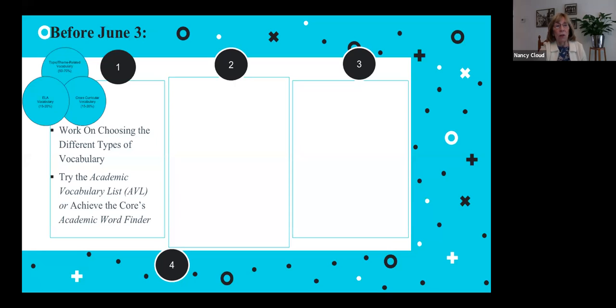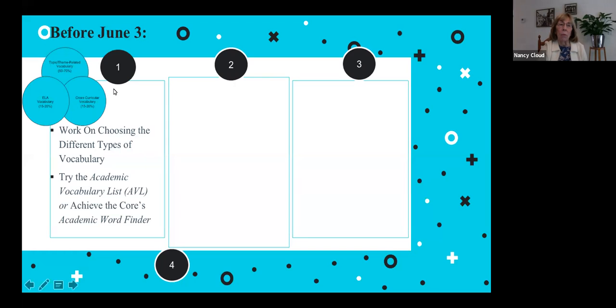Then 15 to 20% of the words that you choose in a particular unit should be ELA vocabulary that you want them to know. So there, maybe you're looking at a word like foreshadowing, for example, and you want them to know that word because it's an ELA word that you're going to use when you teach other novels.